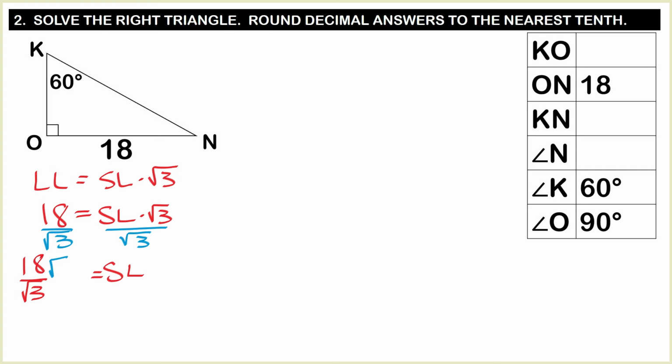So I'll multiply the top and the bottom by the square root of 3. And that will make my short leg equal to 18 root 3 over 3. And the last step is 3 goes into itself once, and 3 goes into 18 6 times. So the short leg is equal to 6 root 3.